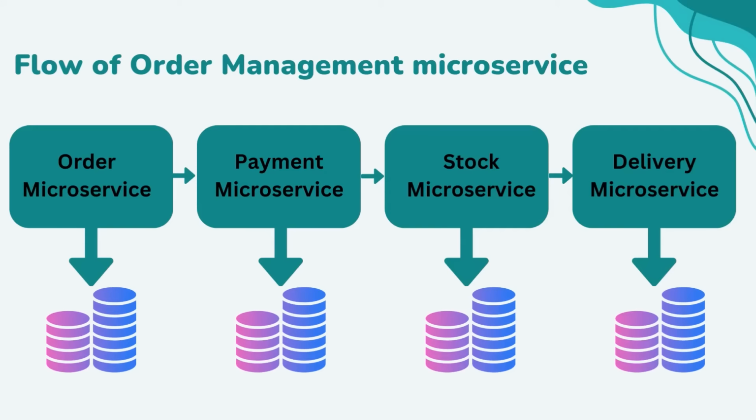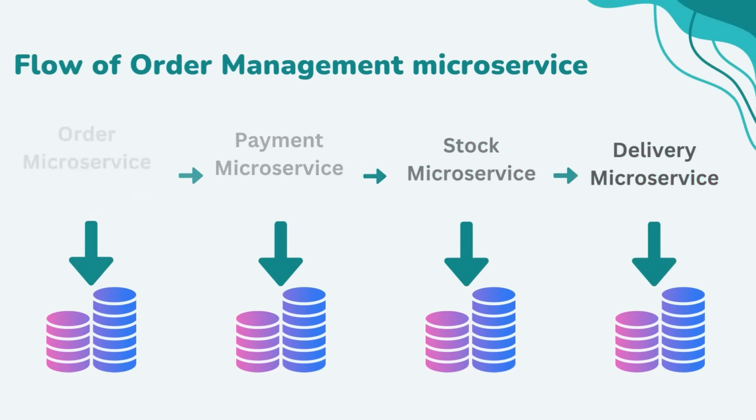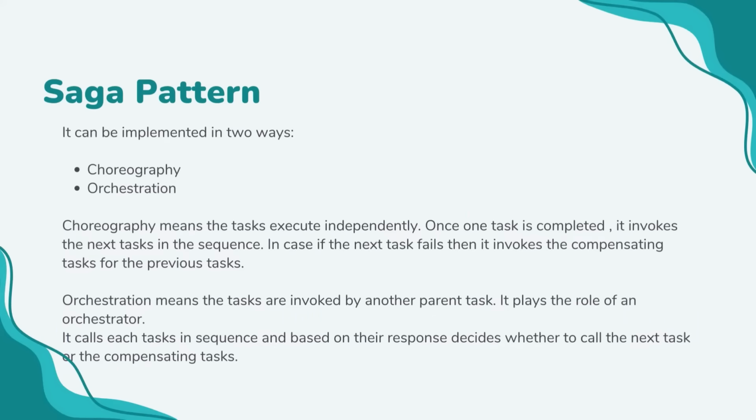Now to implement this, we have the Saga pattern, which can be achieved in two ways: choreography and orchestration. Choreography means the tasks execute independently. Once one task is completed, it invokes the next task in the sequence.